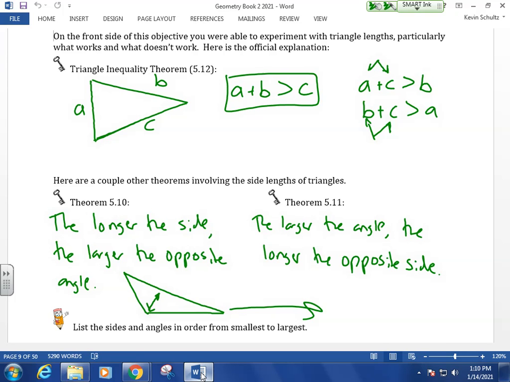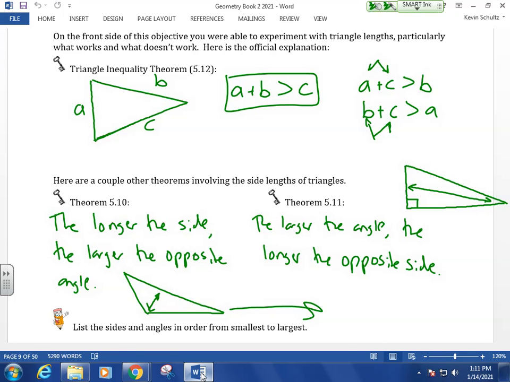If we draw a right triangle here, and make that side rather long, we have our largest angle opposite our longest side, opposite the hypotenuse there. But of these other two angles, one acute angle is smaller than the other one. This is our shortest side, and it's opposite our smallest angle.